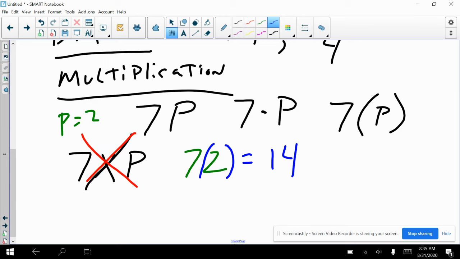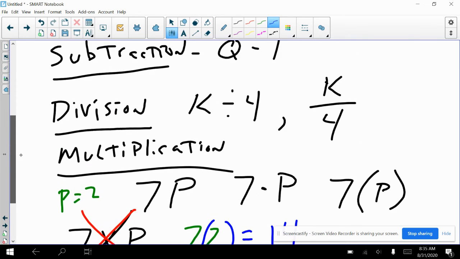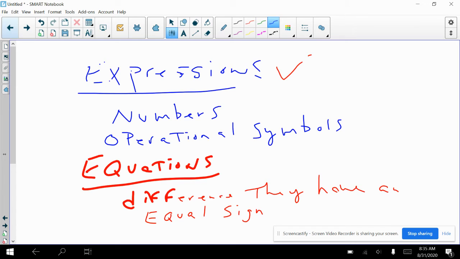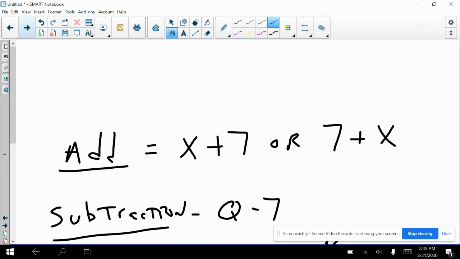For the first question, when you had 7f squared and 2f, if 7 and f were together and then there's a sign, does that mean they're not multiplied?